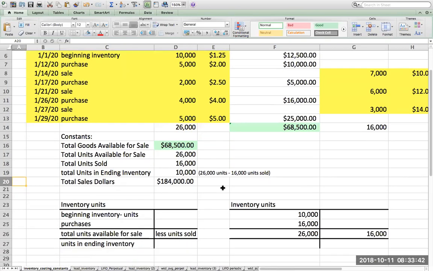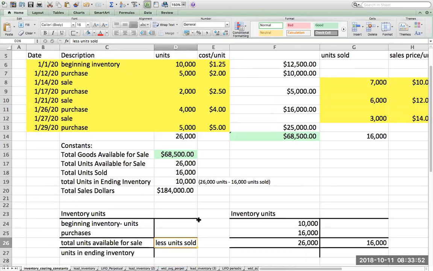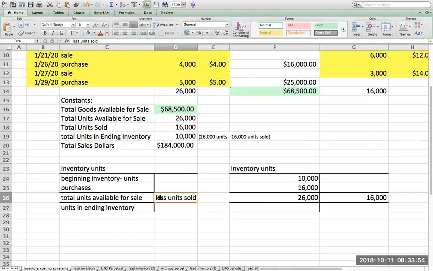So our goal here is that we've got goods available for sale, which is never changing. We're just trying to figure out how we allocate the amount to cost of goods sold, which will ultimately give us our units and ending inventory, which is our ultimate goal with all of these inventory costing problems.